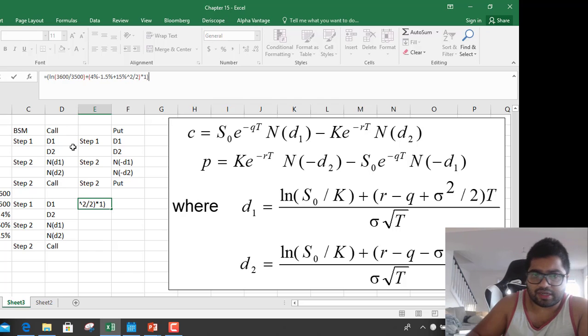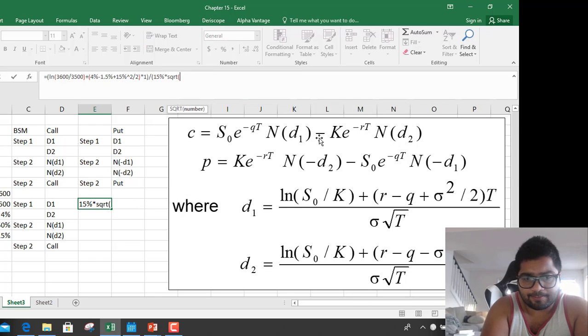So this was the numerator: natural log of S0 by K, so 3600 by 3500, plus 4% minus 1.5% plus 15% to the power 2 divided by 2 times 1, and you divide this by sigma root of T. So sigma is 15% and square root of T, T will be 1.